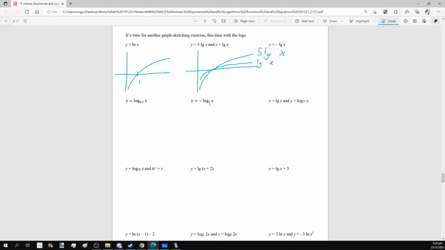The one with a 5 means that all the y coordinates get multiplied by 5. So it will be more explosive, more dramatic, more steep. And for the third problem, we have negative lgx, so you will simply reflect vertically, and therefore the graph, instead of being like this, will be like that.